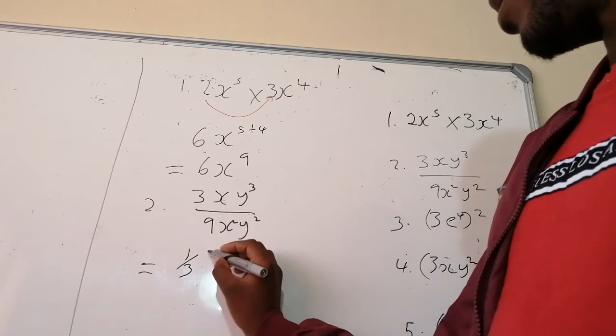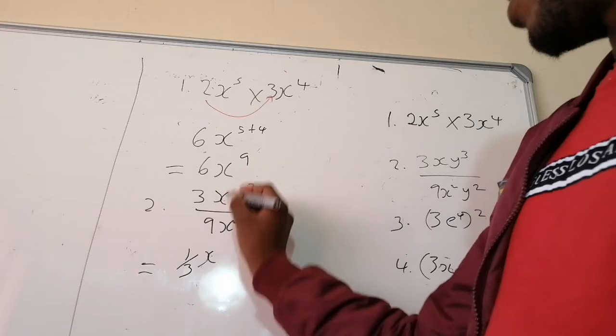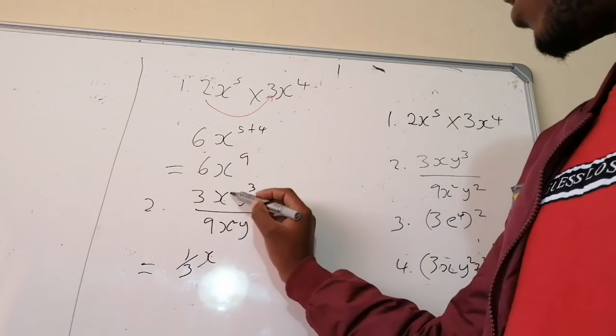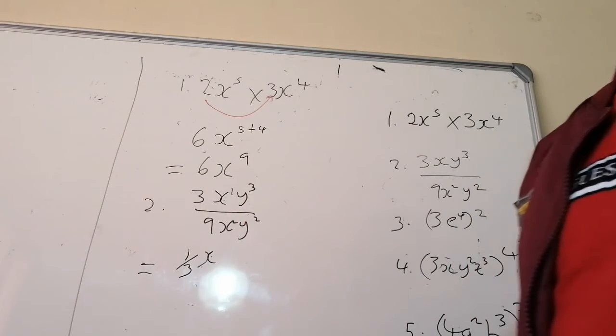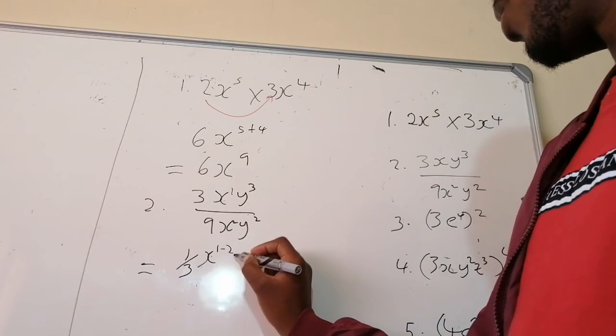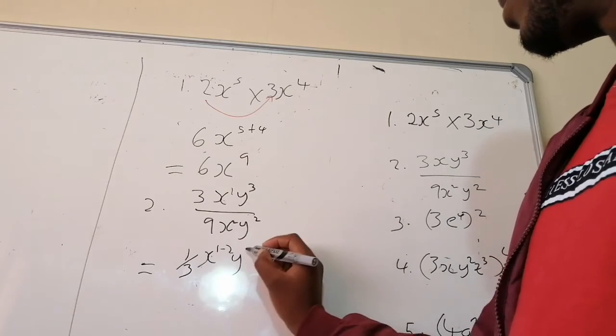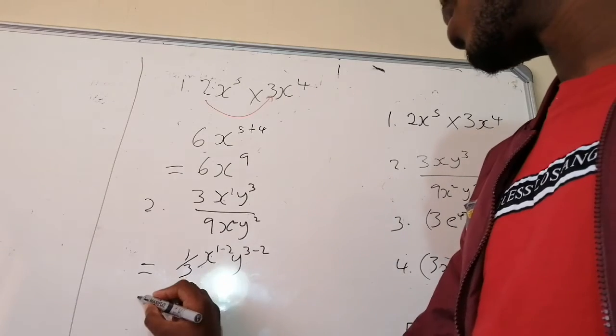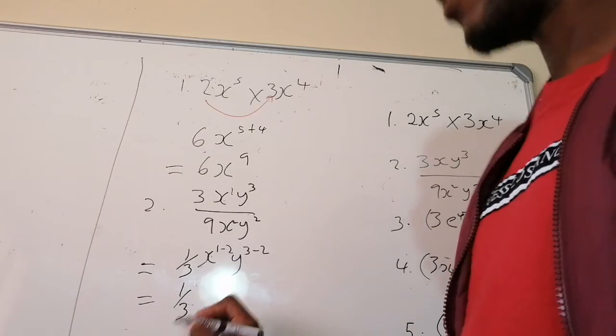Now take the numbers with the same base. x and x have the same base. Remember, this is the same as x to the power 1. It's just that the 1 is not visible. 1 minus 2. y to the power 3 minus 2.